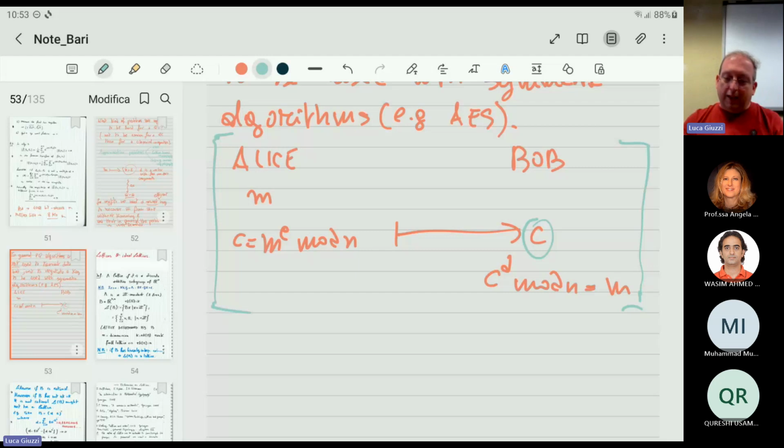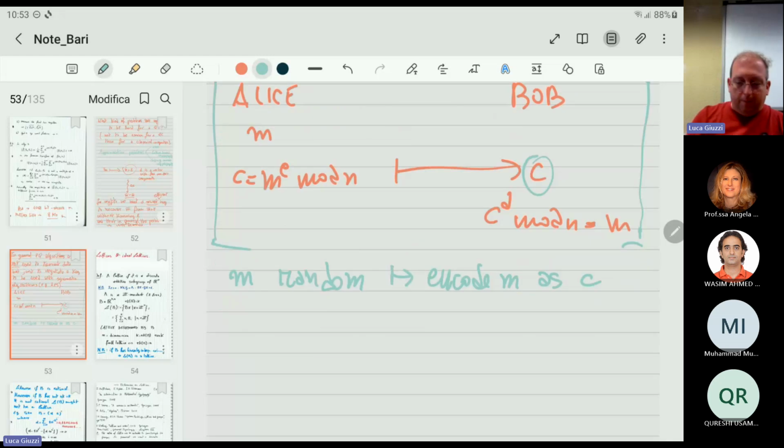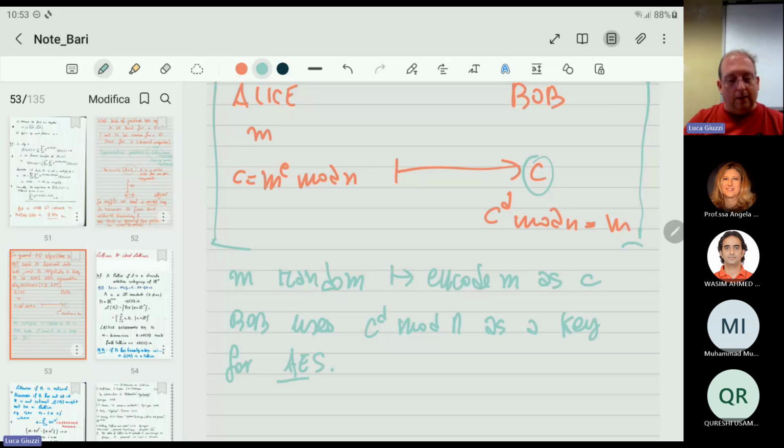But nonetheless, the idea is to use RSA to take M random, encode M as a ciphertext C, and then Bob uses C to the D mod N as a key for AES, the Advanced Encryption Standard.